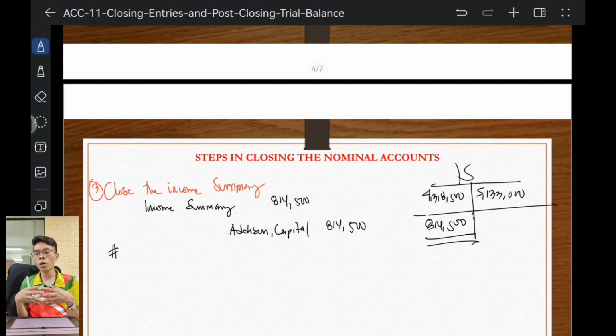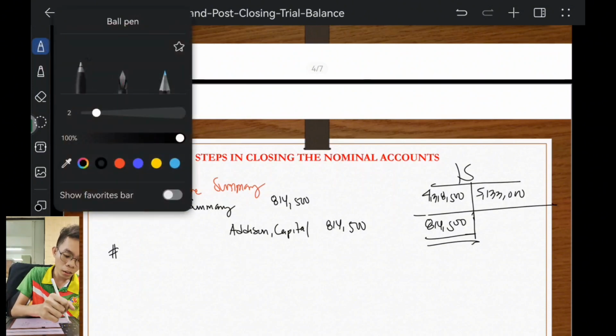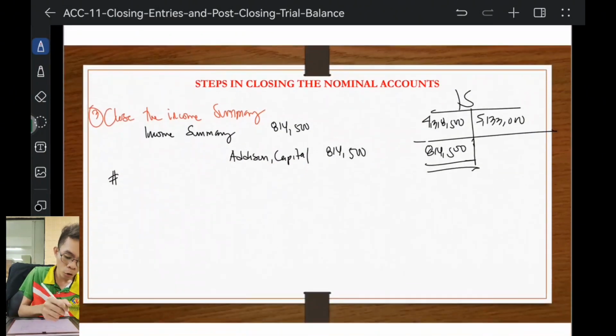It depends on how you are going to put your notes here, for as long as you give thought to what you are doing in this certain entry, then it's okay. Are we clear? Following so far? So it's just easy peasy. It's no brainer at all. So let us now proceed to the last one, which is to close the drawing account. So the fourth closing entry is to close the drawing account.